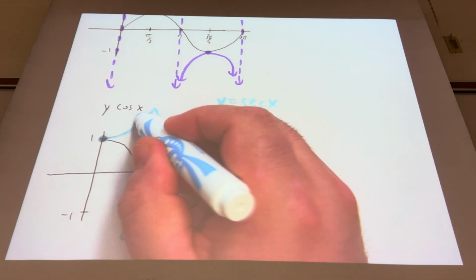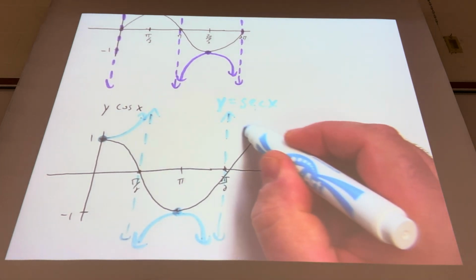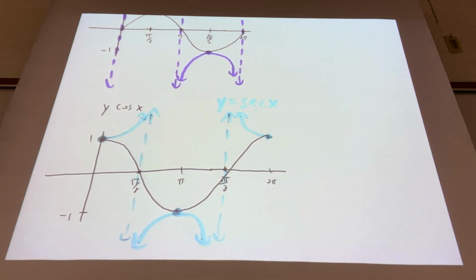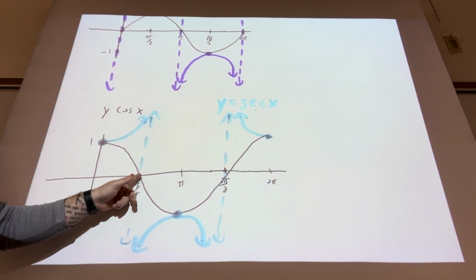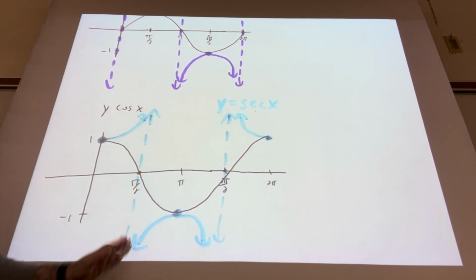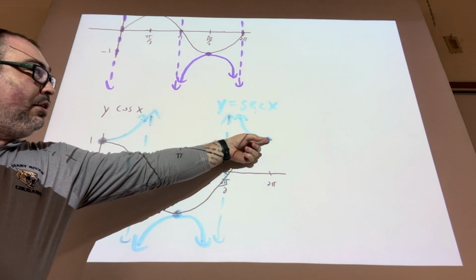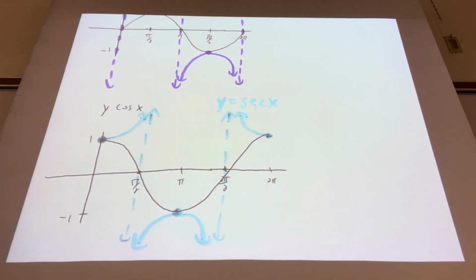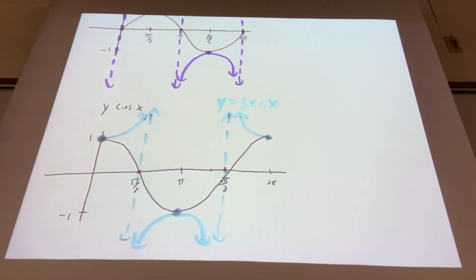So we see that secant starts with kind of this half upward shape here, because once again, the cosine 0 was right here, so that's that vertical asymptote. Then we see a stretch here, and then back up here. Very similar to the cosecant, right?